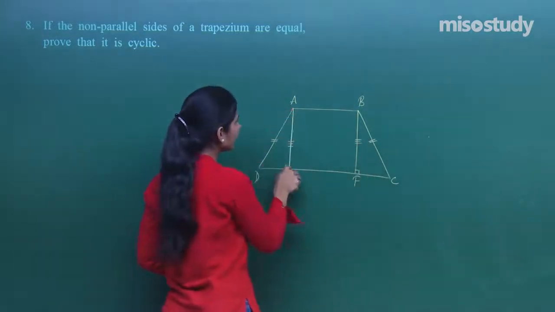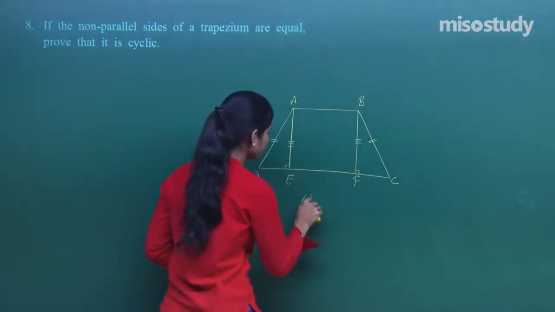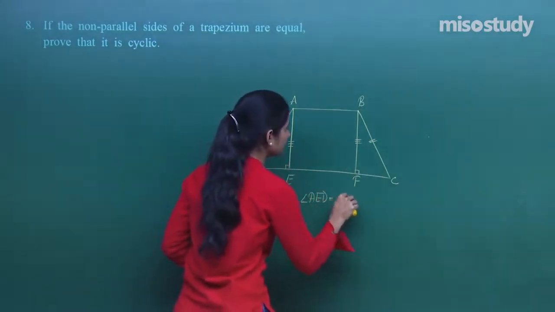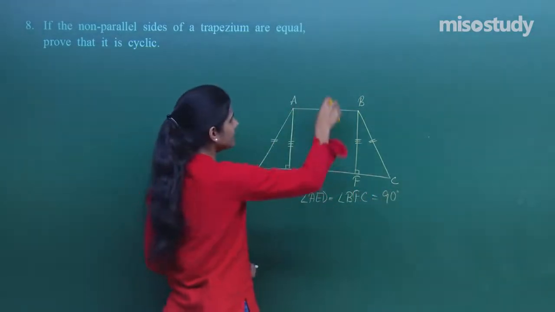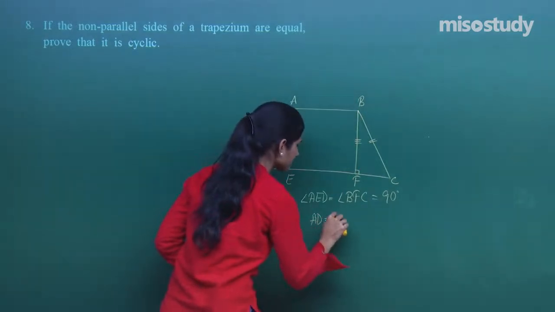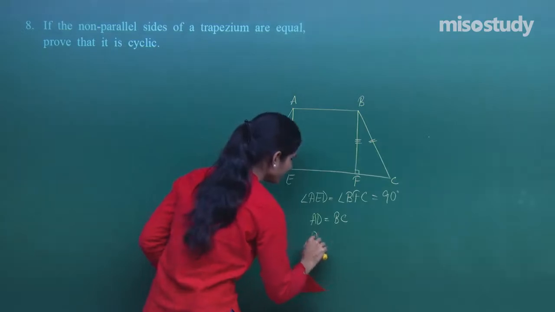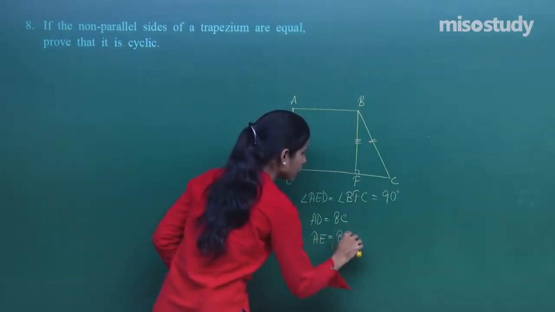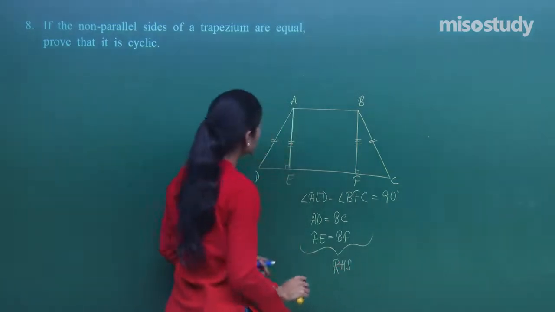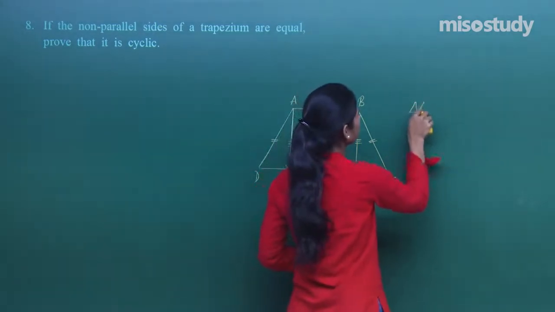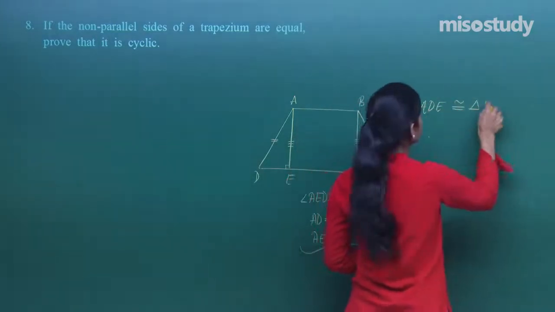If you consider the triangle ADE and BCF, you can see that this angle is 90 degree. Right? Then you have AD is same as BC. Right? And then you have AE is same as BF. So right angle hypotenuse side by RHS congruence condition, you have triangle ADE is congruent to triangle BCF.